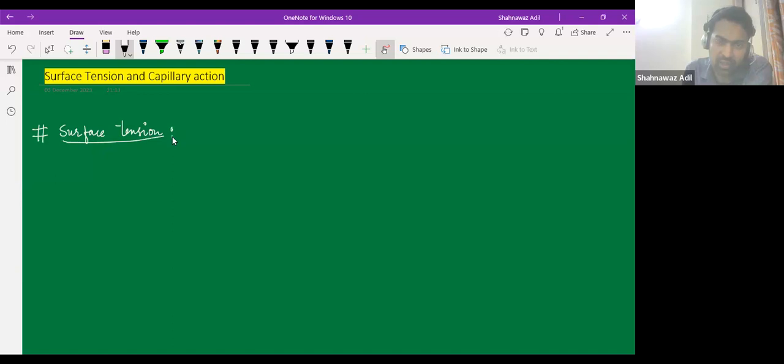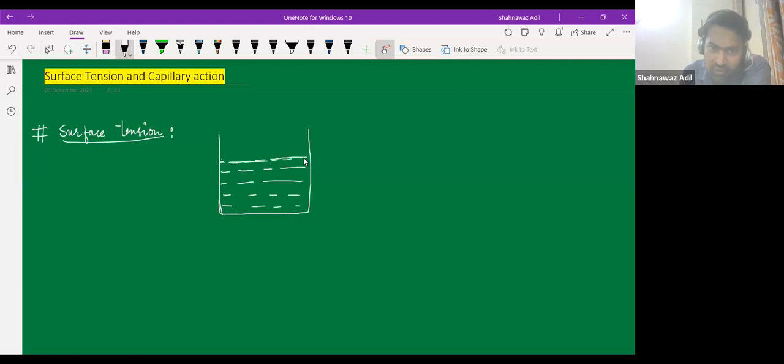What is this thing? So let's say you have some liquid, right? You have some liquid, and the top surface of this liquid, which is in contact with the atmosphere, will be called the free surface. So this is the free surface of the liquid.